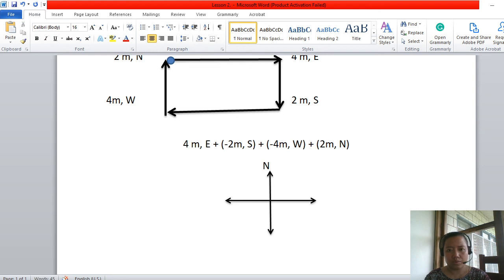So north, it's positive, east, this is east, and then west is always negative, and then south is always negative.